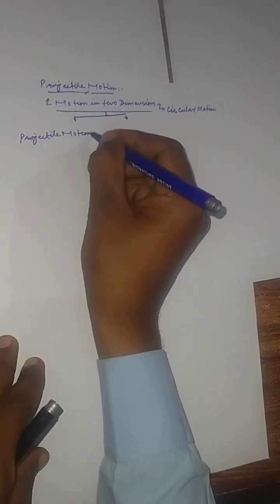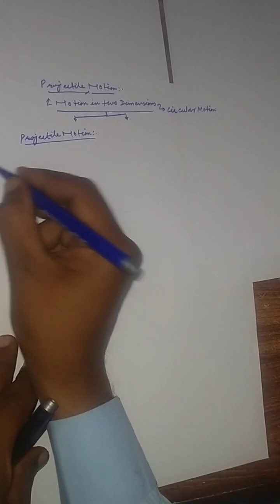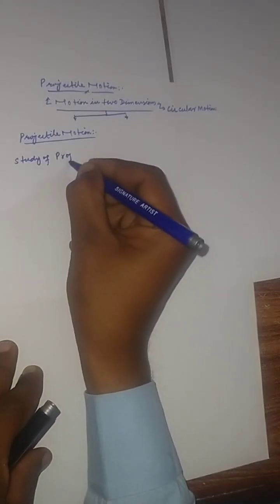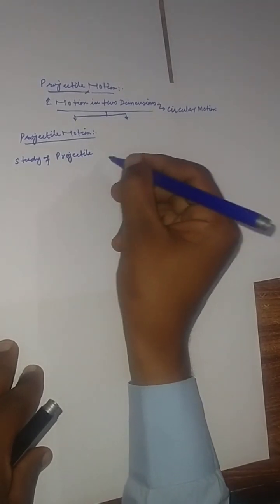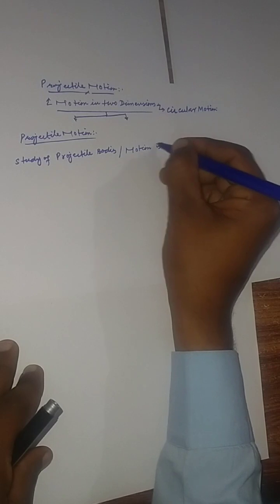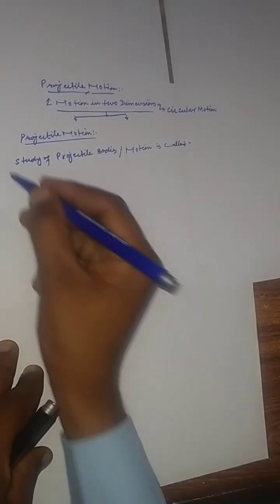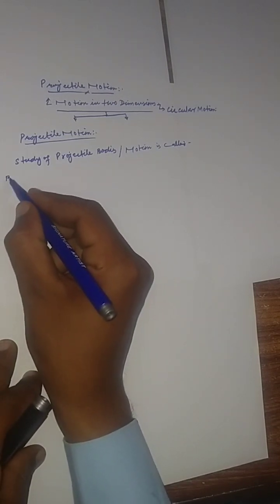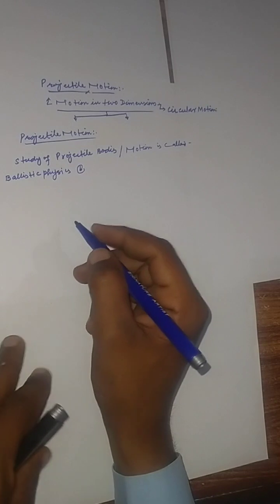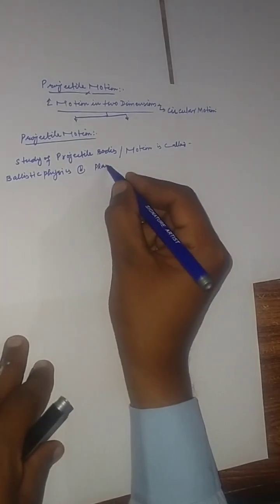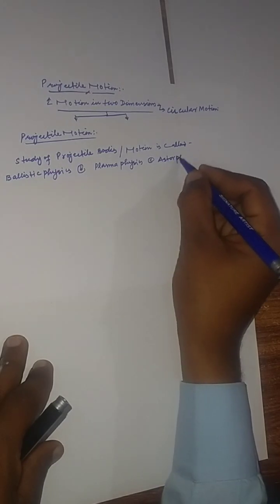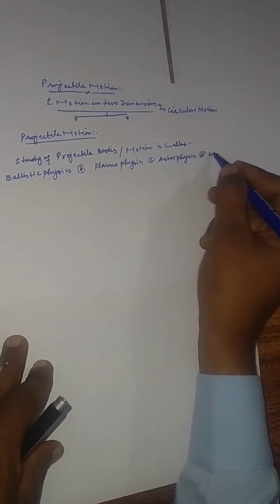Projectile motion. Let's say the study of projectile bodies or projectile motion is called, option A, ballistic physics, or option B, plasma physics, or option C, astrophysics, or option D, none of these.